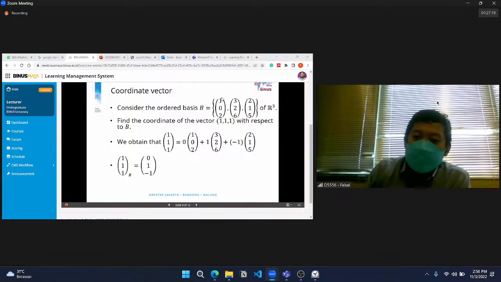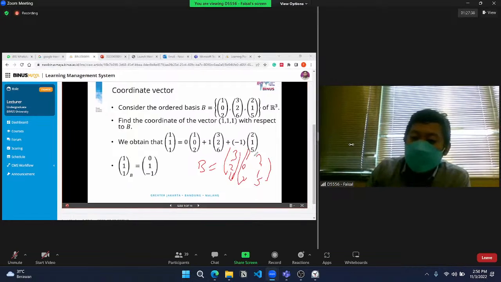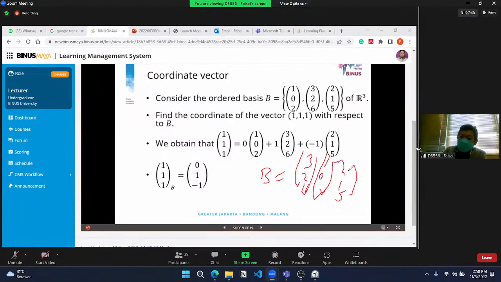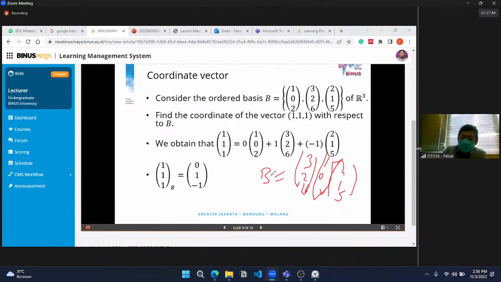But if we consider another ordered basis, like (3, 2, 6), (1, 0, 2), (2, 1, 5), this is a different ordered basis. Let's say this one is B1.